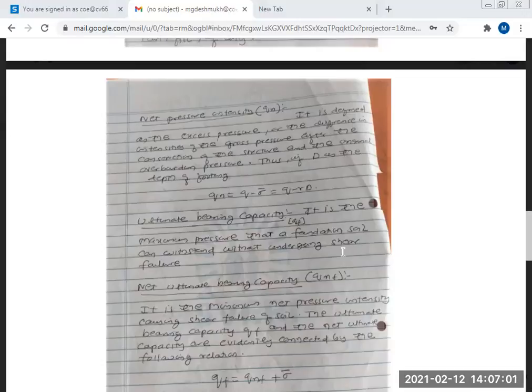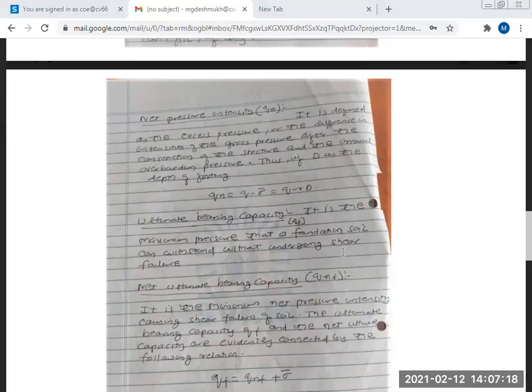Ultimate bearing capacity. And sometimes, in most of the times, if we use the term bearing capacity also without adding any suffix or without taking into consideration any suffix, that also you should understand that it is nothing but ultimate bearing capacity.